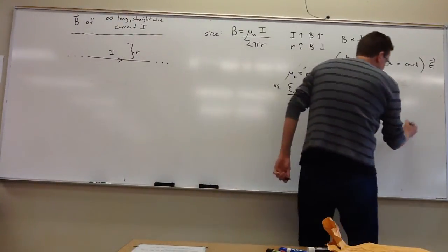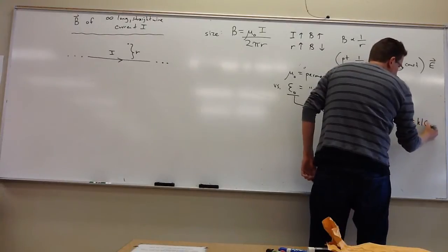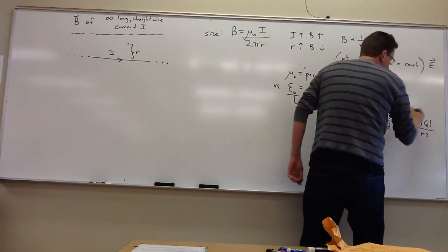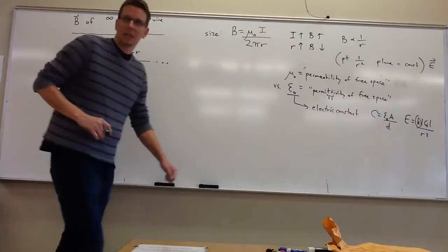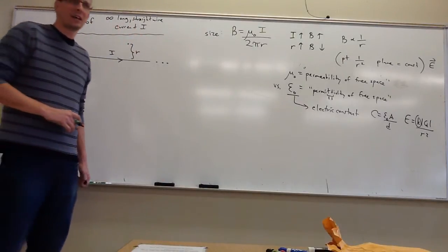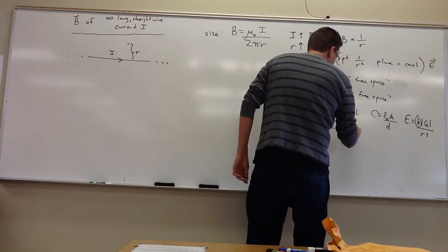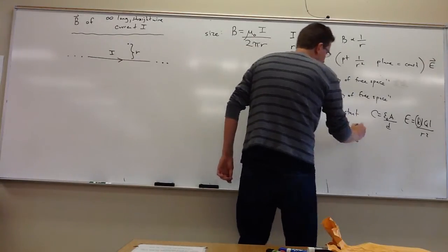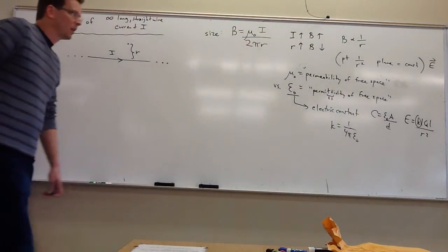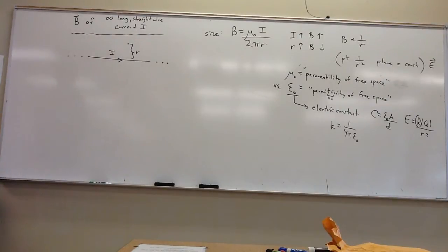And it also appears in other forms in every electric phenomenon, because remember, k is just a repackaging of it. k is just 1 over 4 pi epsilon naught. So epsilon naught appears in all of our electric phenomenon equations in some way.